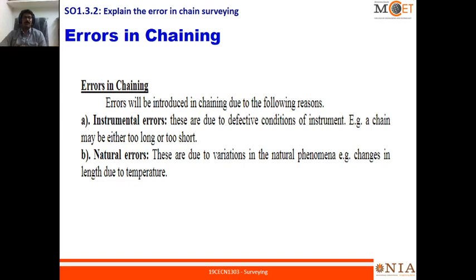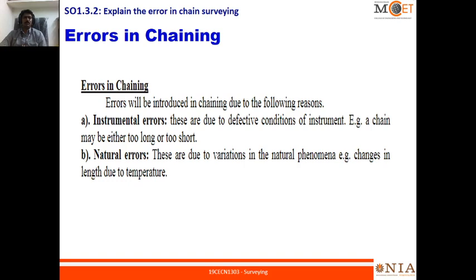And the next one is based on the nature, where we are going to use the chain. In that area, what will be the temperature? The chain was manufactured at a particular temperature. If both temperatures are the same, there is no issue. If the temperature varies, then there will be a change in the length of the chain, right?